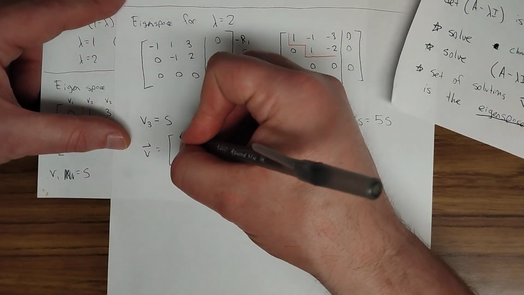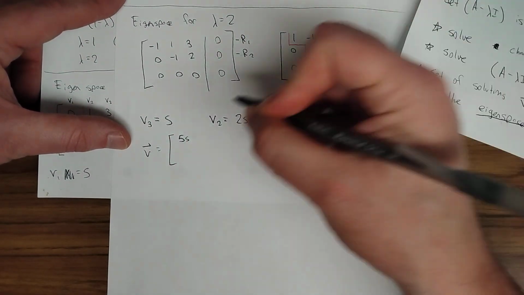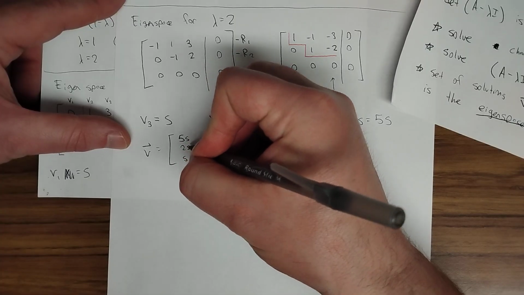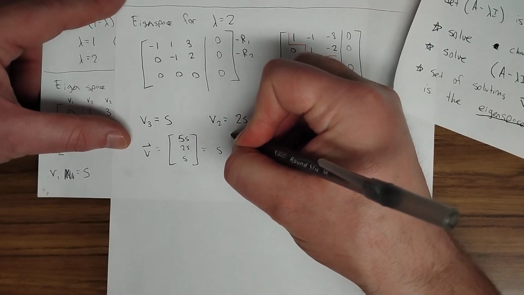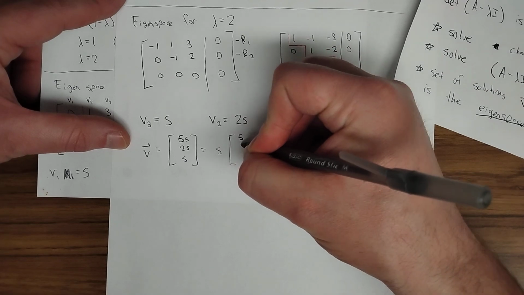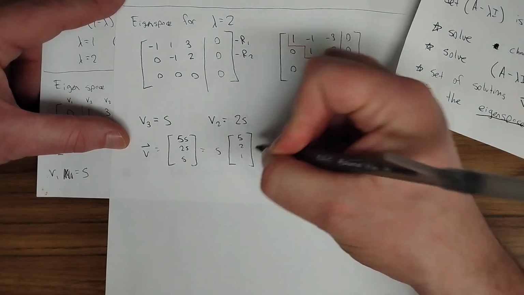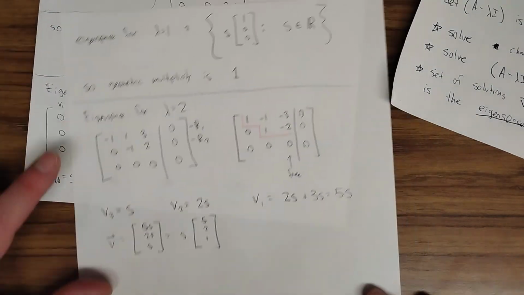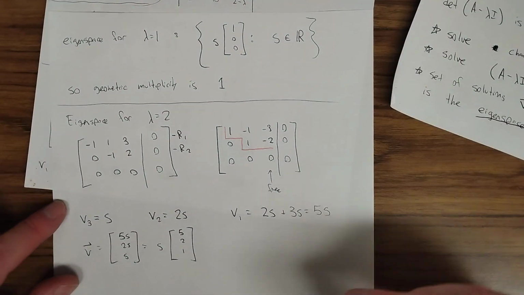So v is 5s, 2s, and s. And we often like to factor the s out. So I can write my answer just like that, but I'm basically done.